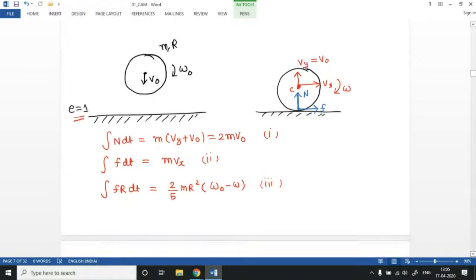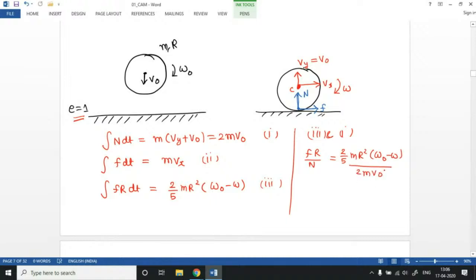Using equation 3 and equation 1, if we divide equation 3 by equation 1, we get fr by n equal to 2 by 5 mr square into omega naught minus omega, divided by 2m v naught.